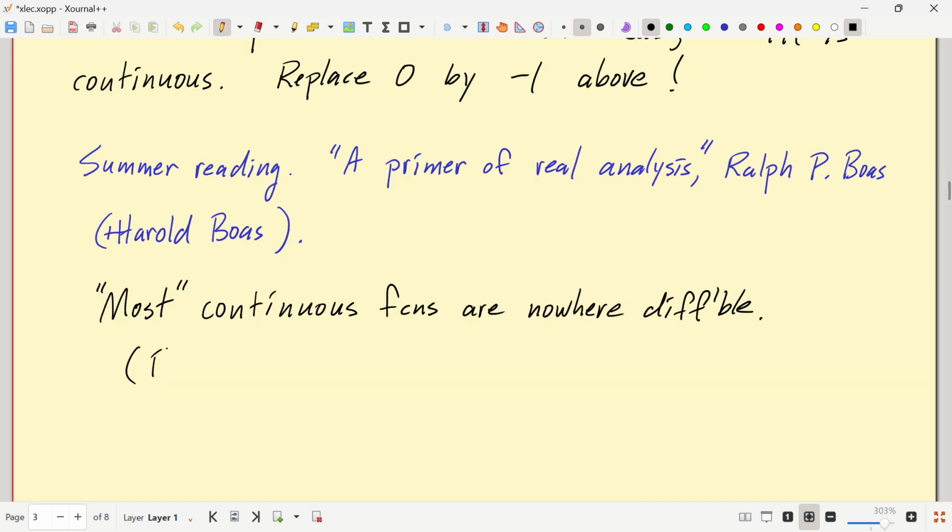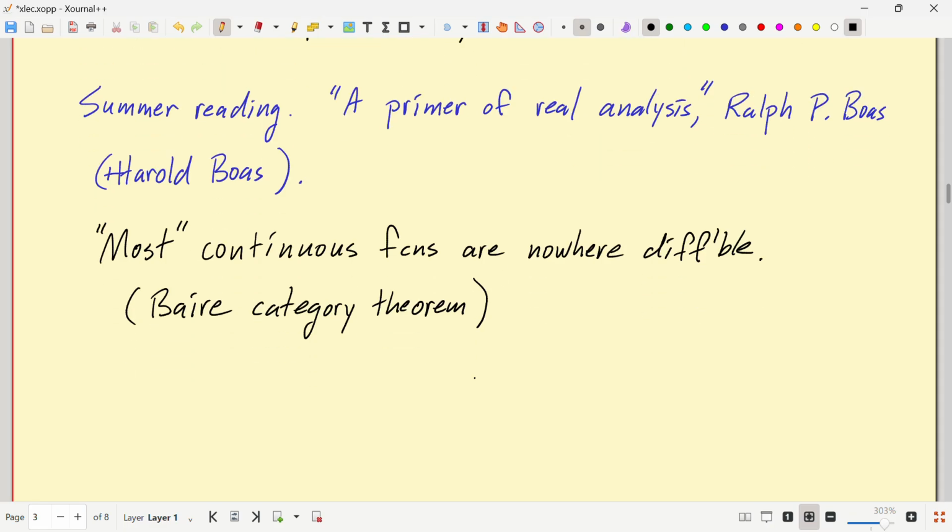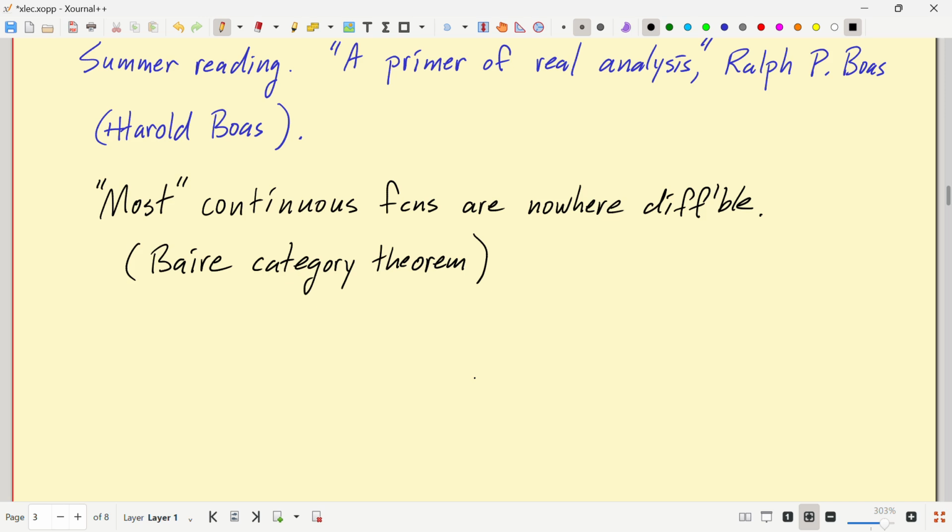And the proof uses something called the Baire category theorem, which is explained there and is a cool thing. What else do they do that's fun?